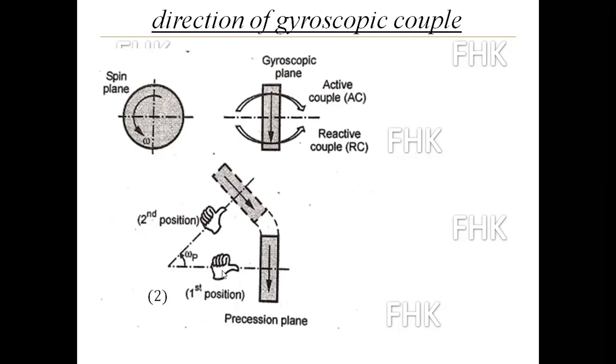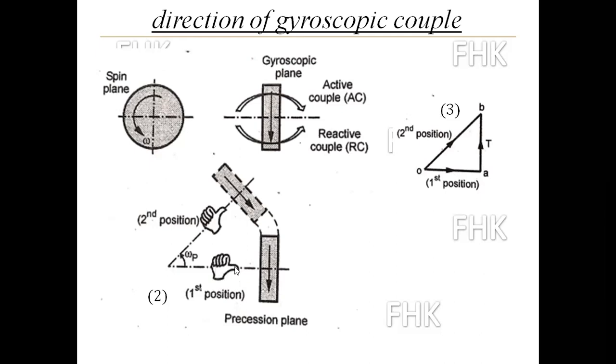So I will draw the vector in the precession plane. OA is the initial position of that rotor. But the direction of the arrow I am showing here, whether from O to A or A to O: the curling finger is showing the rotation of the rotating disc.